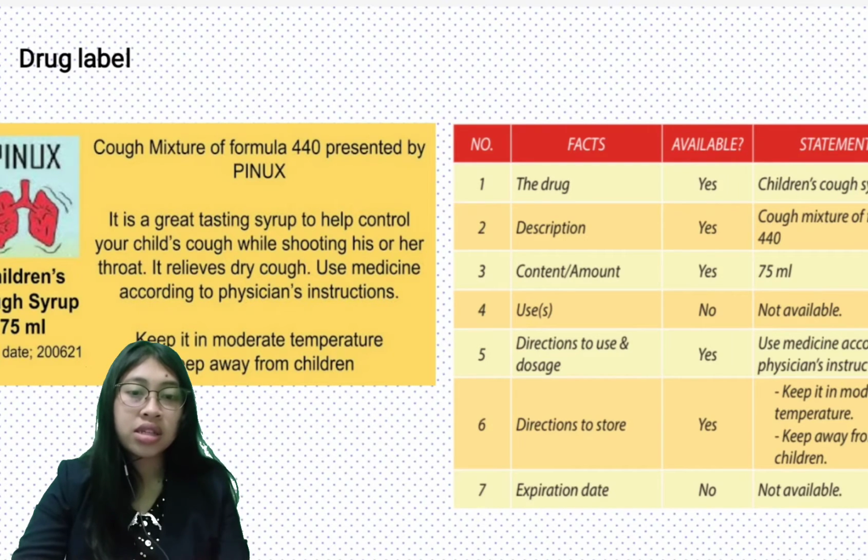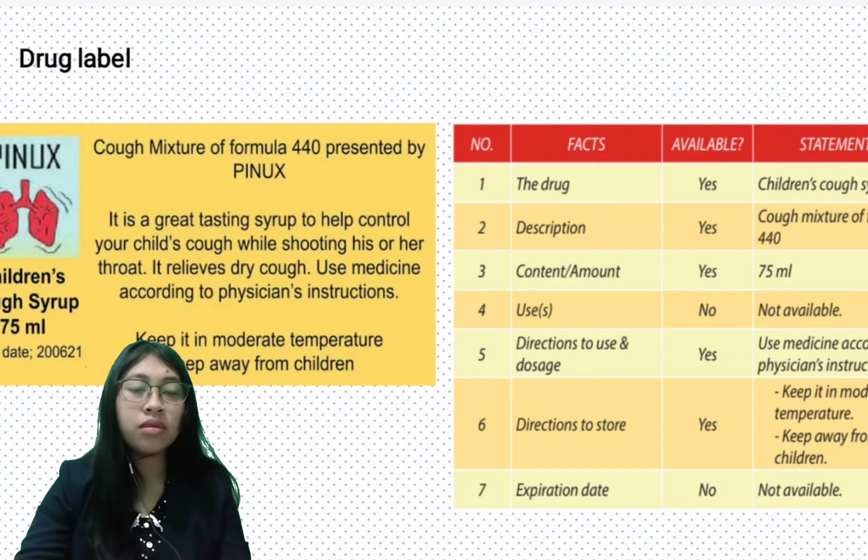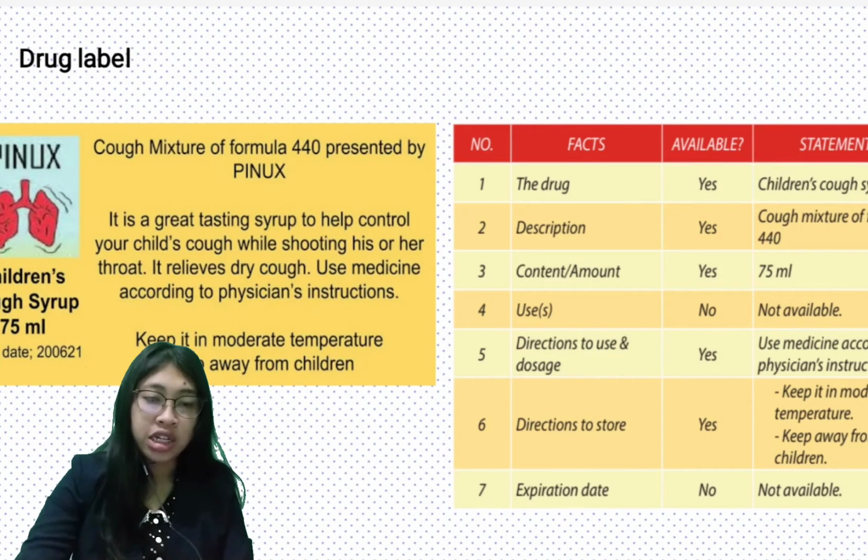And the direction to use and the dosage, is it there in the label? Yes, it is: use medicine according to the patient's instruction. So you need a doctor to tell you how much you must use for your age.